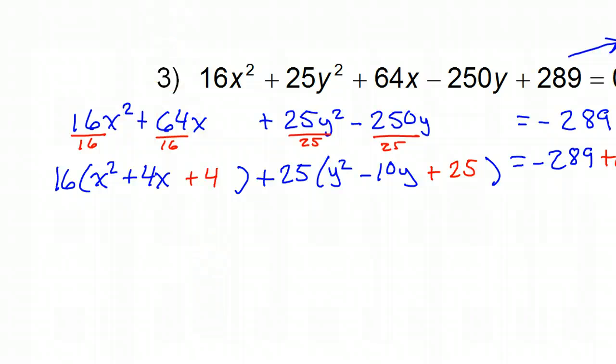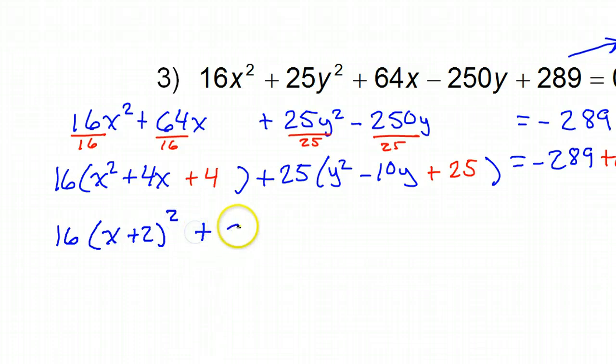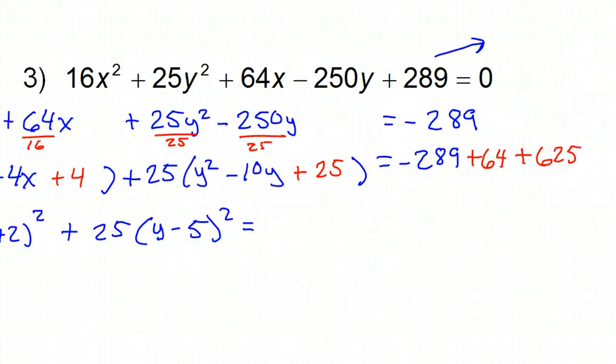Alright, cleaning this up a bit, I will have 16. This will factor as x plus 2 twice. Then I've got 25, and this will factor as y minus 5 twice. So it's just a matter of what all this is over here.